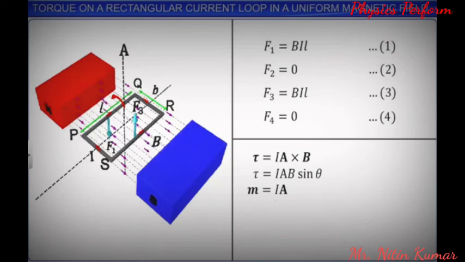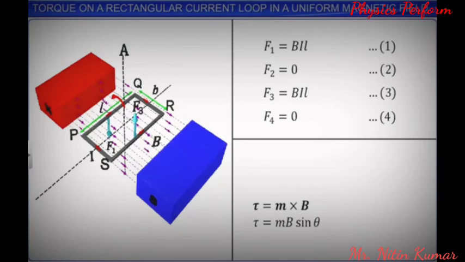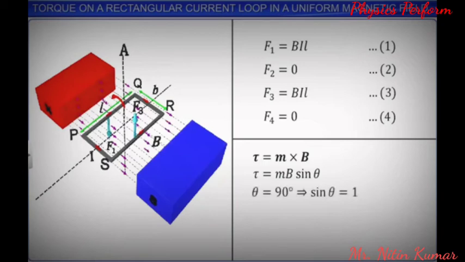Hence, torque on the current carrying rectangular loop is given by the expression τ is equal to M cross B, and hence, the magnitude of the torque on the loop is given by MB sin theta. In this case, the angle between the magnetic moment and the magnetic induction is 90 degrees. As sin 90 is equal to 1, the torque on the loop is the maximum.